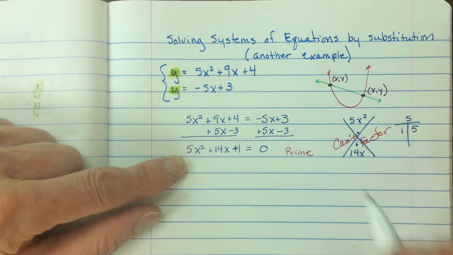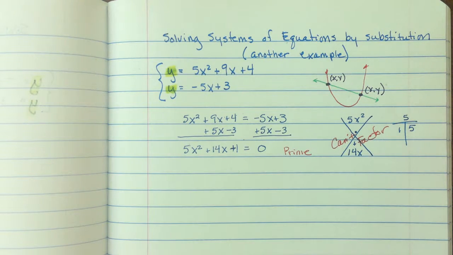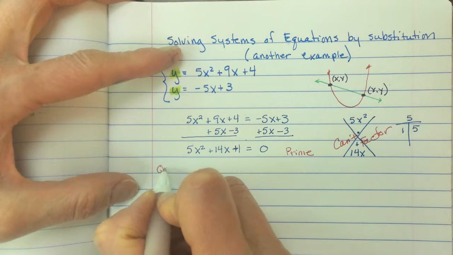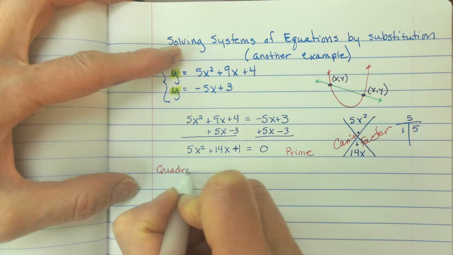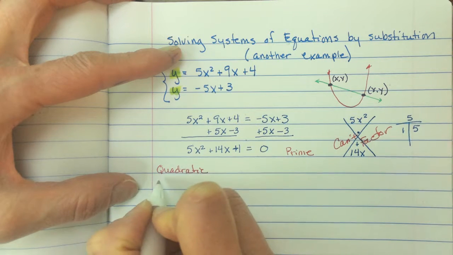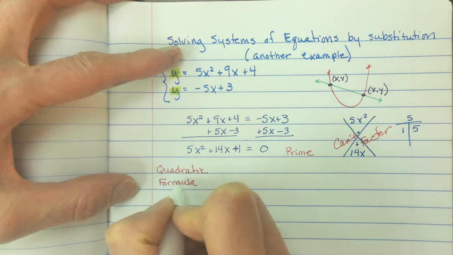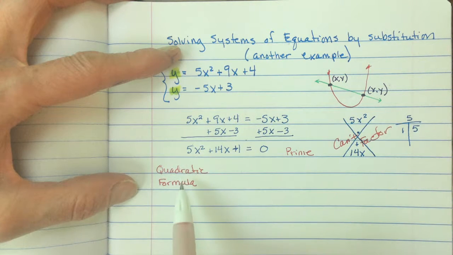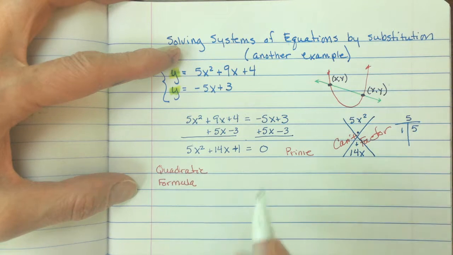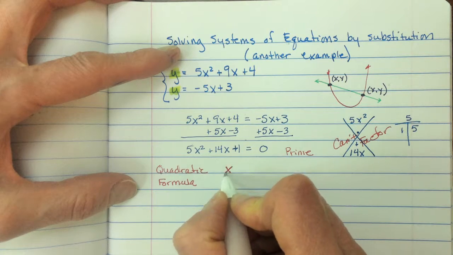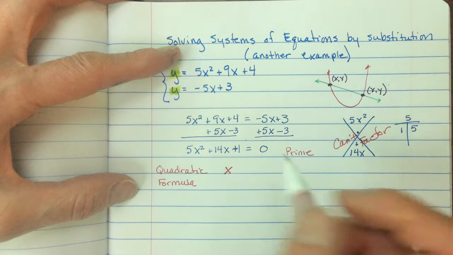But that doesn't mean that I'm stopped from getting a solution, because I have this wonderful tool called the quadratic formula. So I'm going to use the quadratic formula. Notice this is not a quadratic equation. It's a formula. And it's going to help me solve for x when y is 0, so to speak.